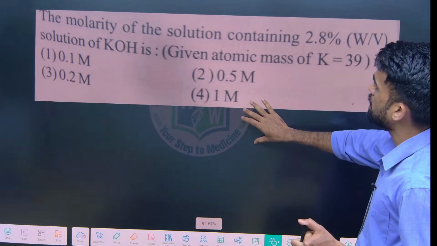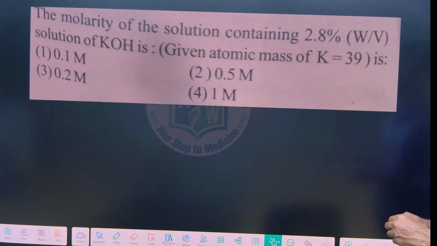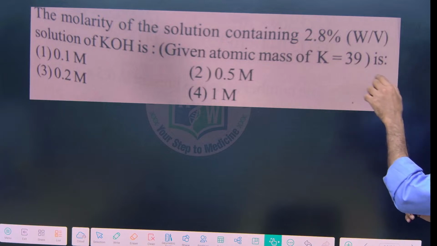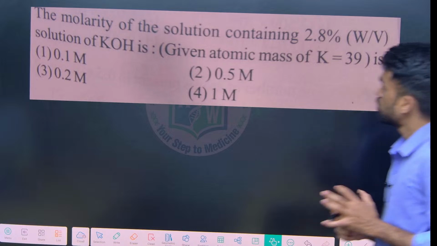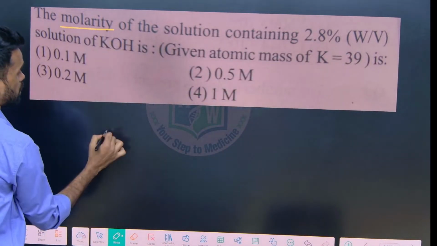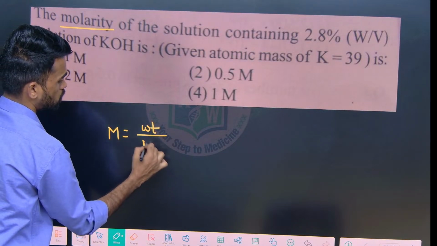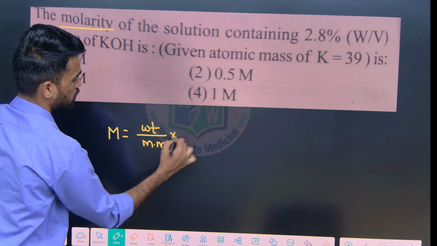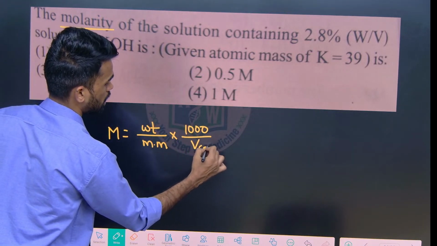What is the molarity of a solution containing 2.8 percent weight by volume of KOH? So how can we do this? Tell me. They are asking molarity. What is the molarity formula we have? Weight of the substance by molar mass of the substance into 1000 by volume of solution in ml.